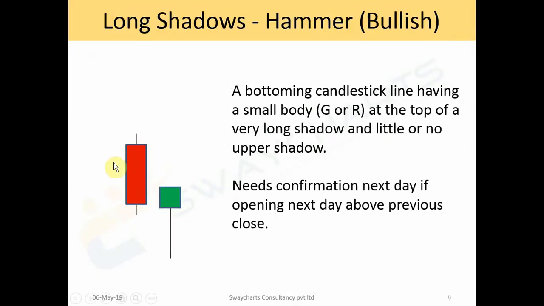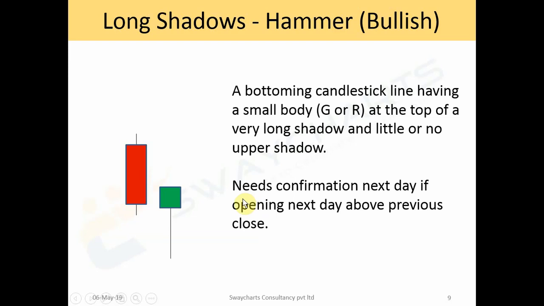Now when we see something like this where the bottom has been hit and then there is a long lower shadow and then a real body on top of it, which looks like a hammer. Again, the small body, if you look at the writing also, green or red, the color is of no significance, right? And again, we have written here the same thing.